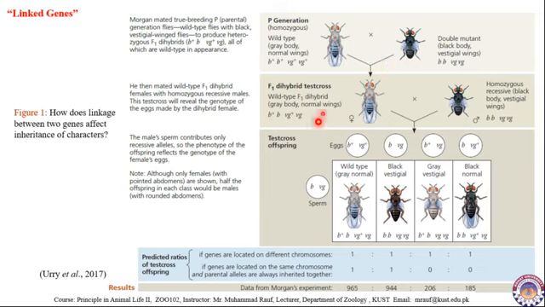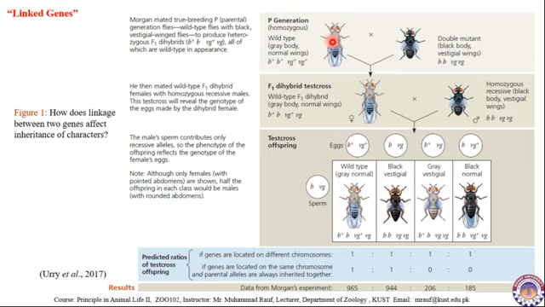So what were the results he actually obtained? 965 individuals were of wild type, that is gray body and normal wings.